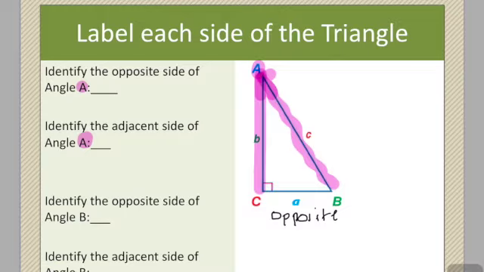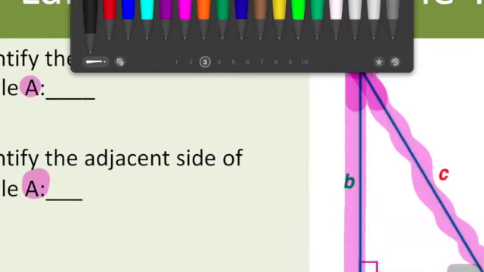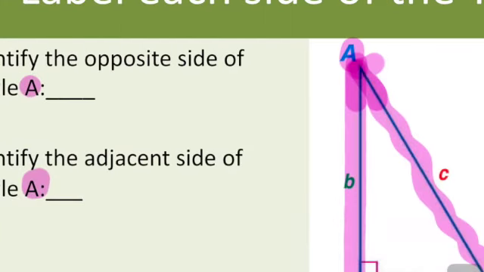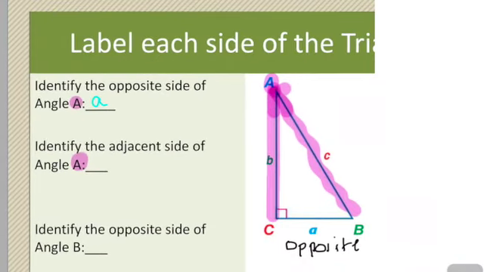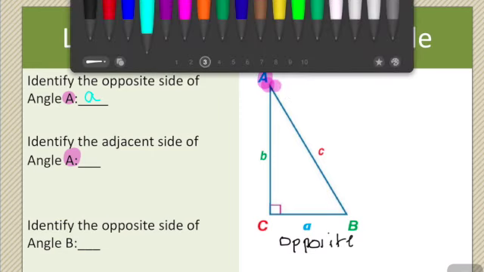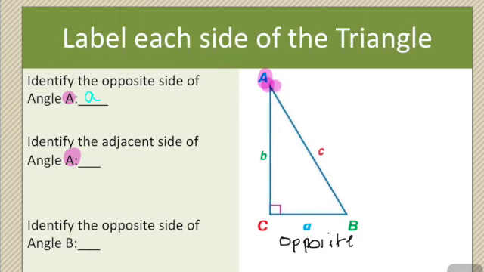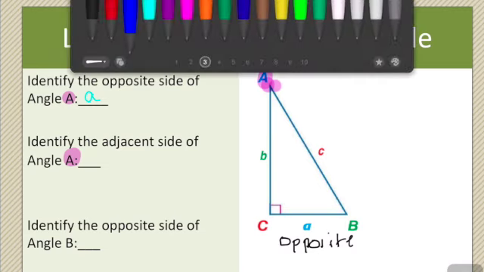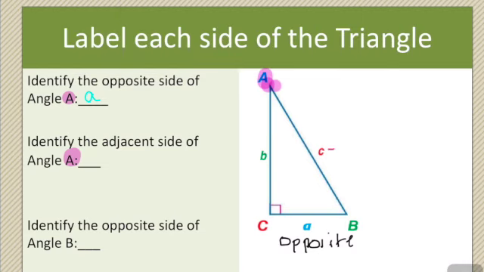So which one is side A? A is opposite of angle A. Then we can go ahead and find the adjacent side. Before we find the adjacent side, we can find the hypotenuse. The hypotenuse is going to be the side opposite the 90-degree angle.